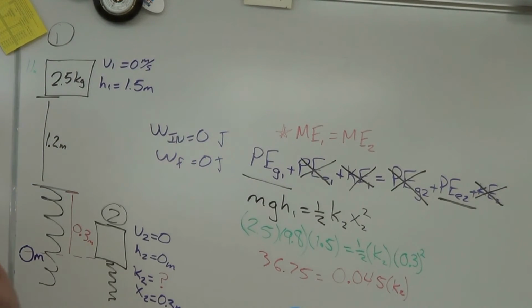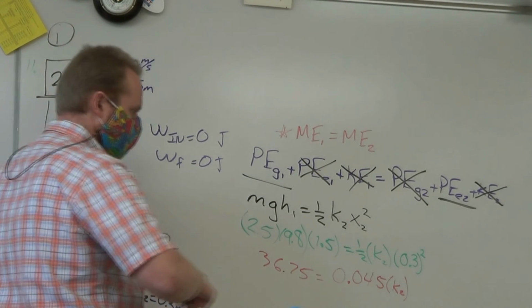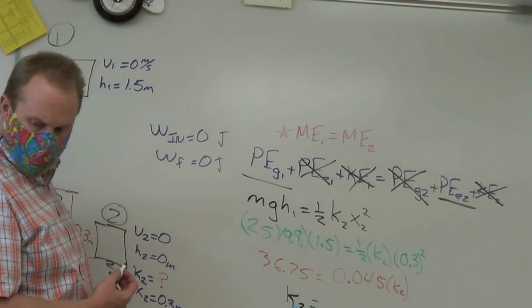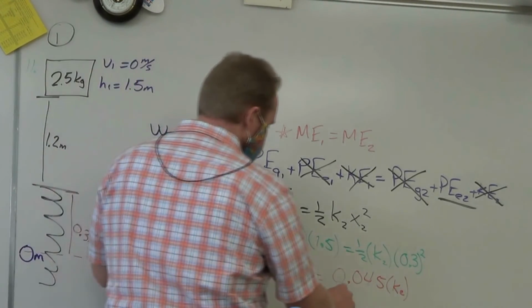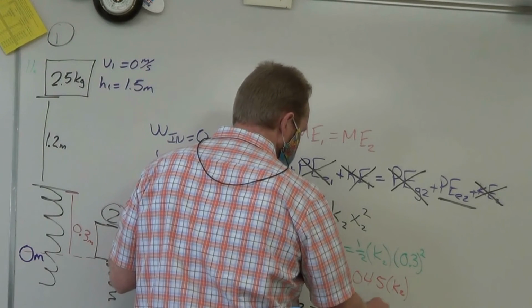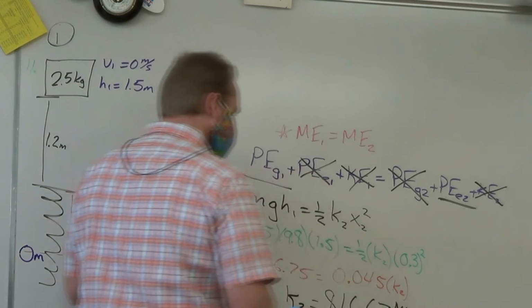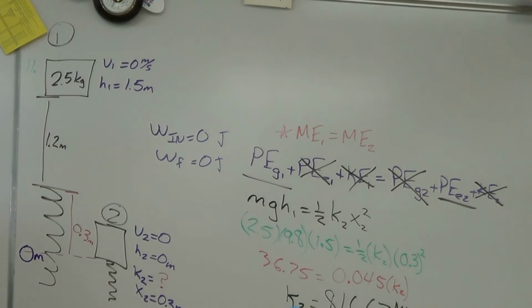Then we divide both sides by 0.045 to get a K2 value. That's going to be equal to 816.67, and our units are newtons per meter. It's a 2-location problem, with a spring.